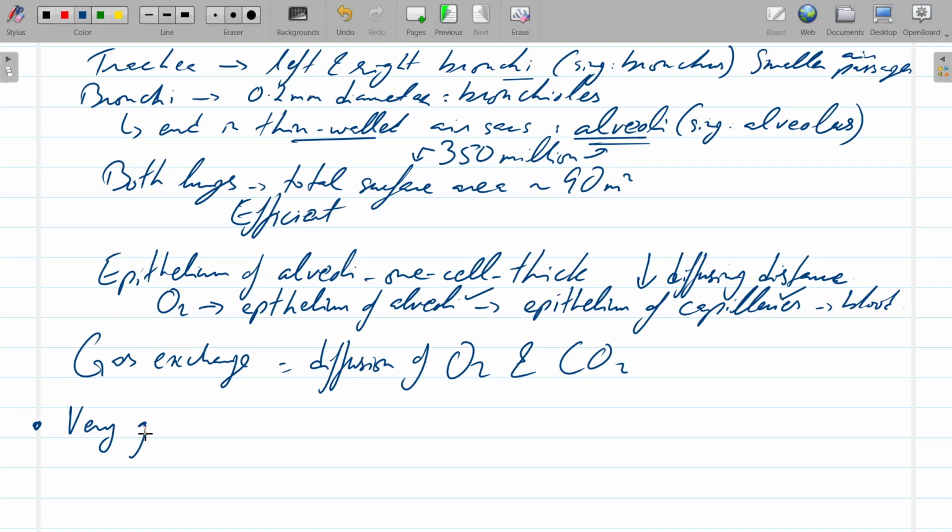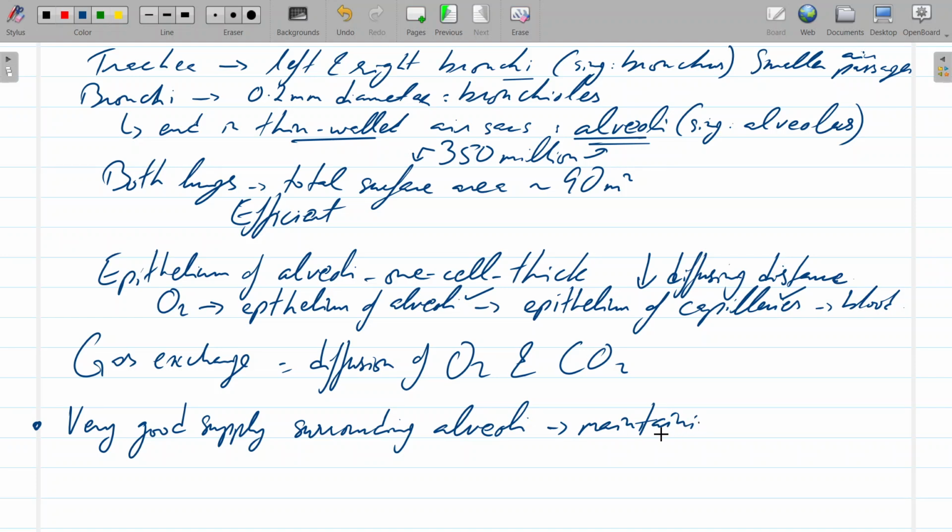So there's a very good blood supply surrounding the alveoli, and this helps maintain the diffusion gradient for both oxygen and carbon dioxide.